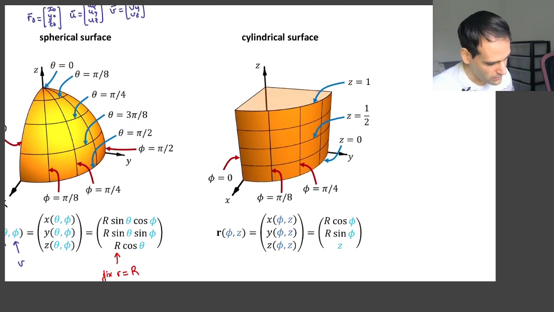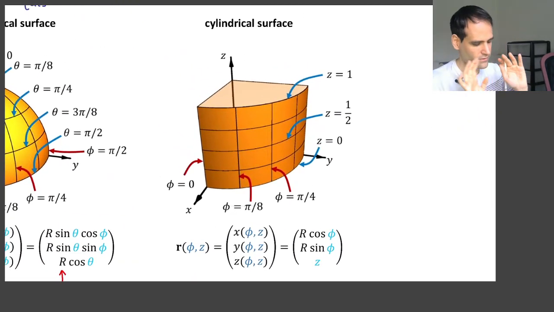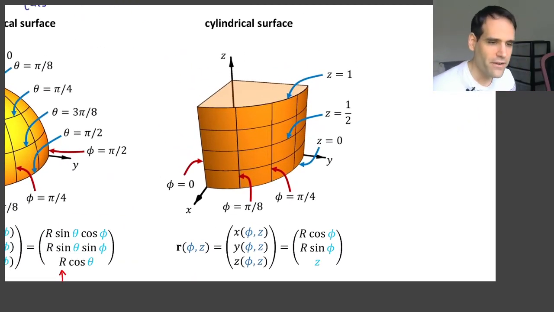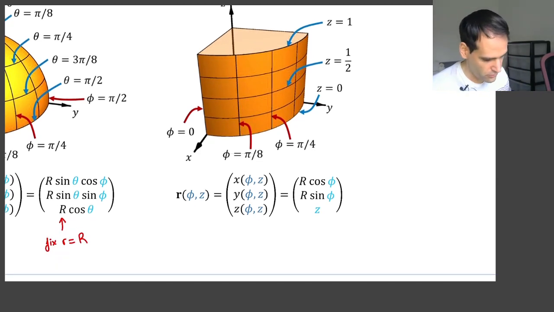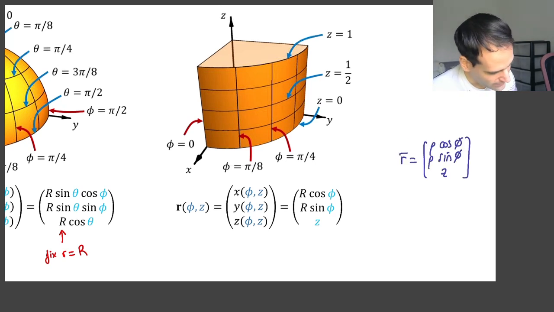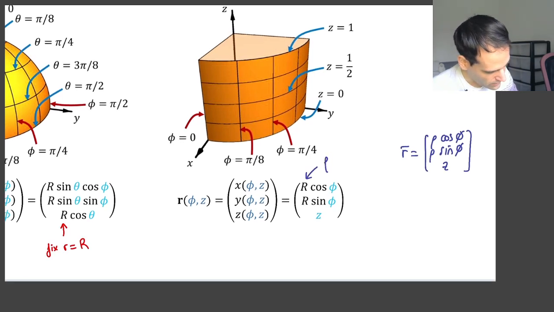Another example would be this curved lateral surface of a cylinder, and then you could use cylindrical coordinates. So you remember cylindrical coordinates were given by rho cosine phi, rho sine phi, and z. So if we now fix rho to be constant, for example, we say rho equals r, constant.